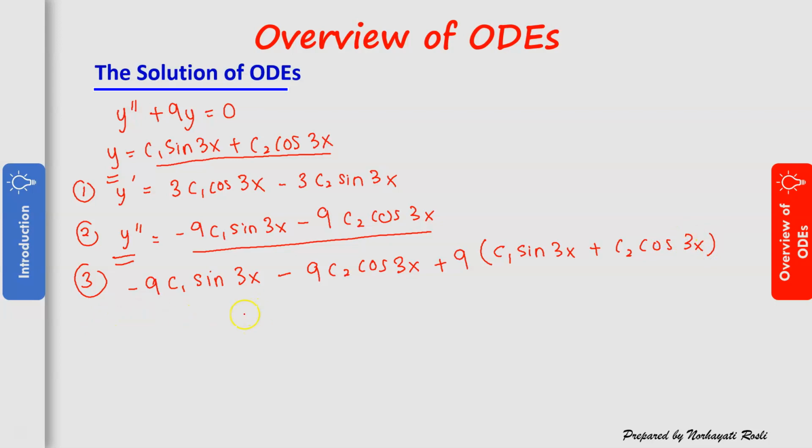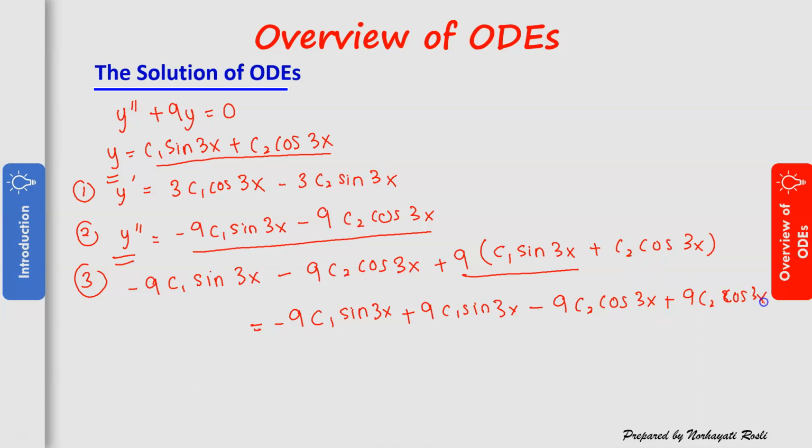So we have this equal to negative 9c1 sin 3x plus 9c1 sin 3x, and minus 9c2 cos 3x plus 9c2 cos 3x.